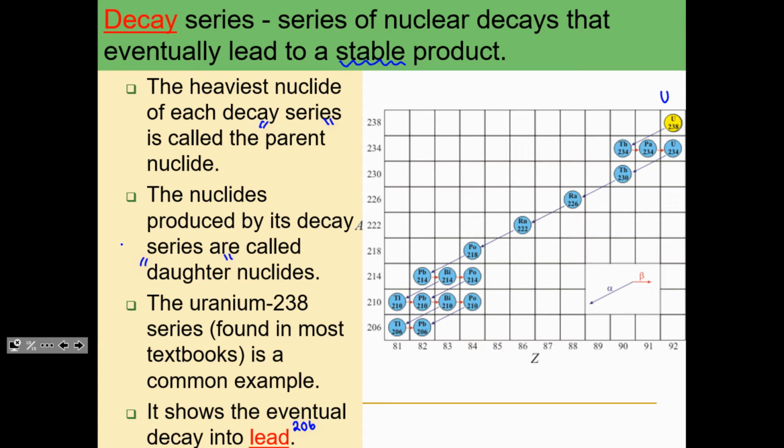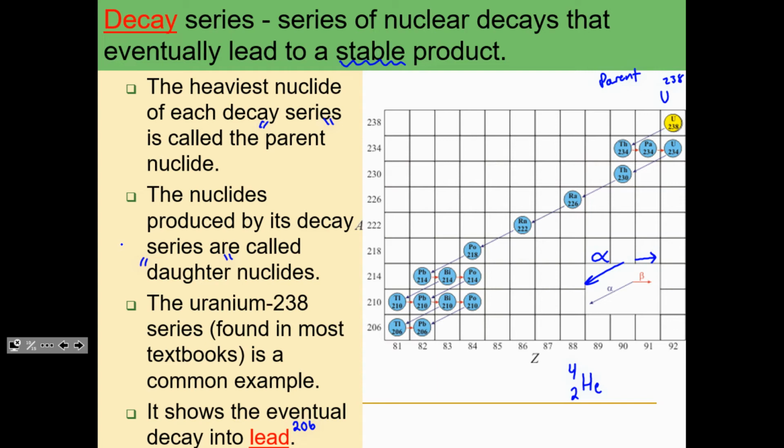Here's uranium-238. We call that the parent. Everything else is called a daughter nuclide. And the key says that if I'm going down and to the left, I'm going through alpha radiation, which again is a helium atom. And then if I'm going back to the right, I'm going through beta radiation.